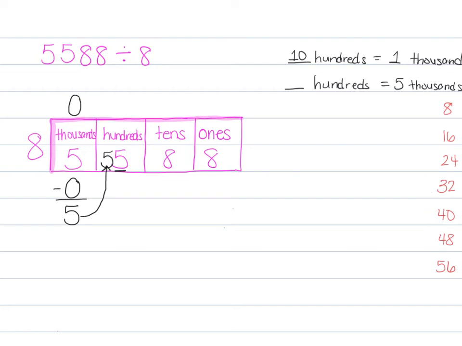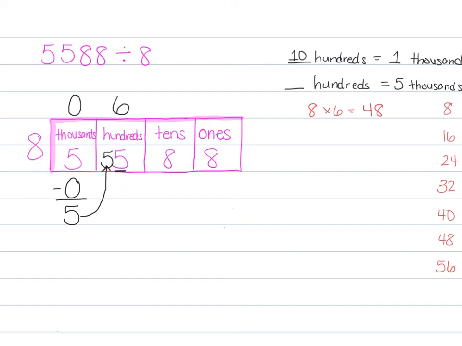So we know that 8 times 6 equals 48. And we can't go over 55. So we're going to say, all right, 55 divided by 8 is we can use 6 in each group. There's going to be 6 hundreds in each group of 8.